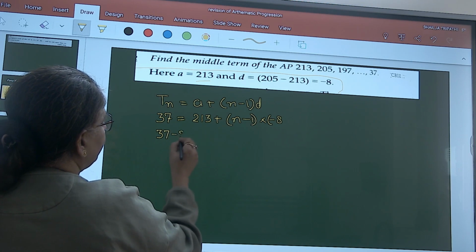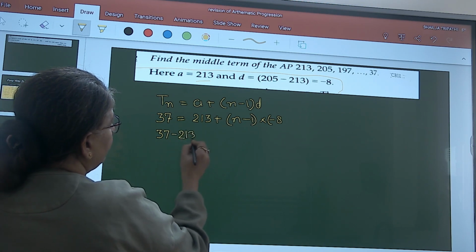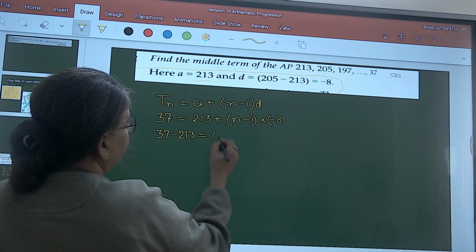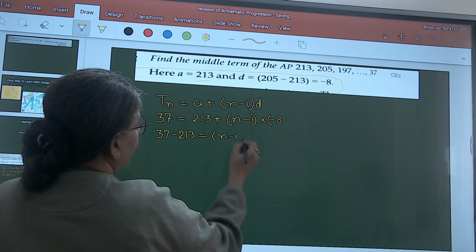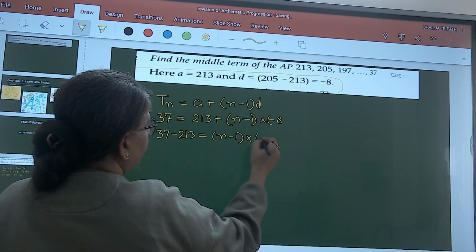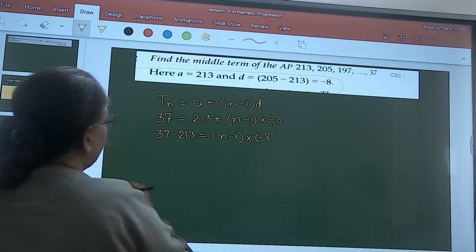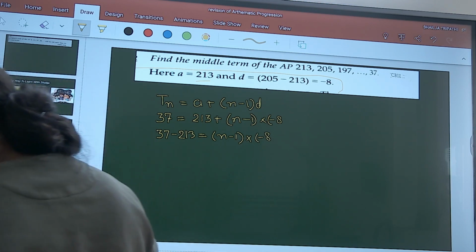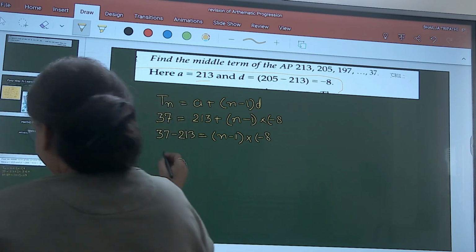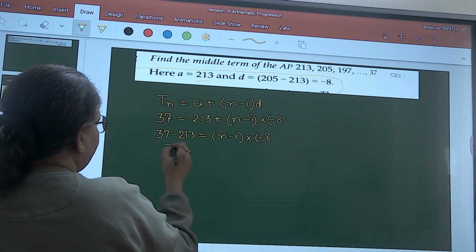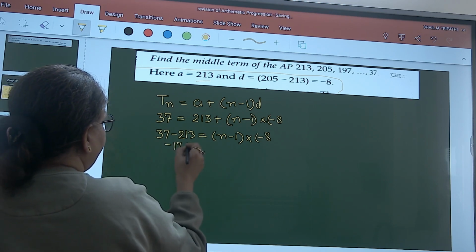37 minus 213, we have (n minus 1) multiplied by minus 8. So let's subtract this. What we get? Minus 176.